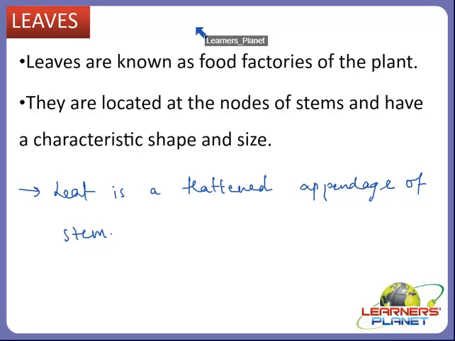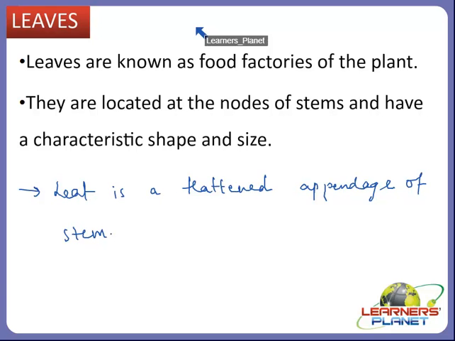Now you must recall this definition, node. What is node? We know that stems have nodes from which leaves arise, right? So we can say that leaf is a branch which develops from its nodes.